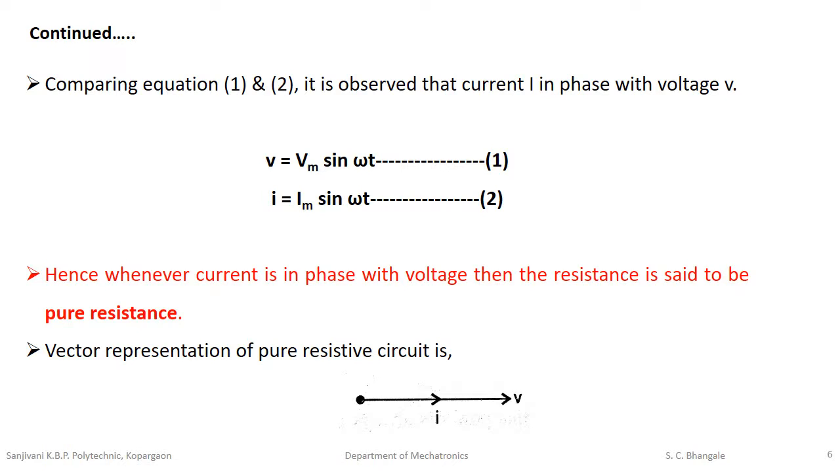Hence, whenever current is in phase with voltage, the resistance is said to be pure resistance. If we draw the vector representation for a pure resistive circuit, it comes as a straight line. This indicates that voltage and current are both in the same phase.